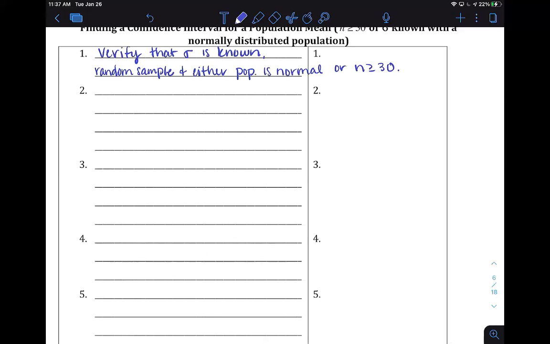So we need to know our sigma is known, or that we can assume it based off of the sample size, and that we have a random sample, and that either the population is normal or the n is greater than or equal to 30.